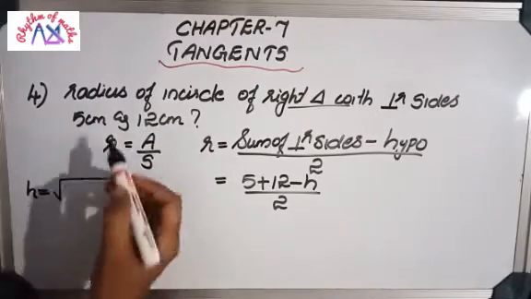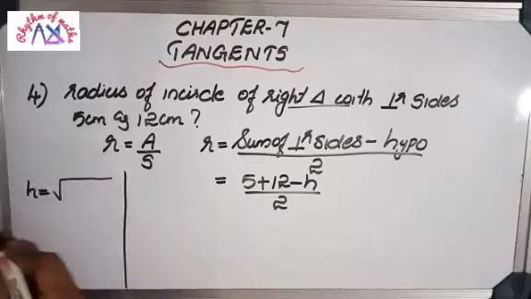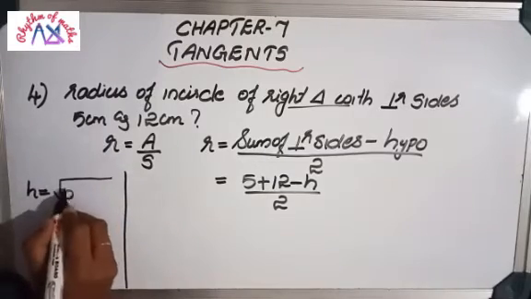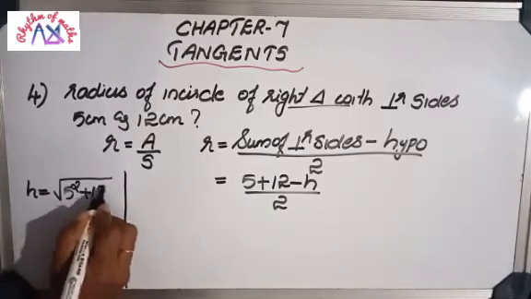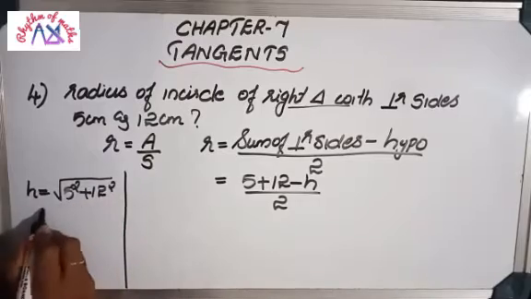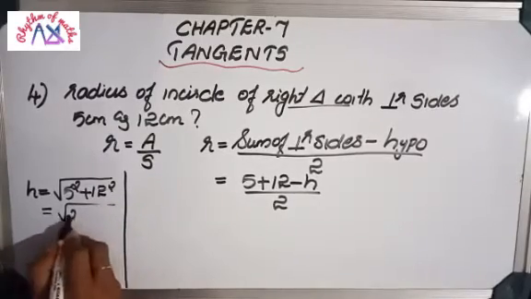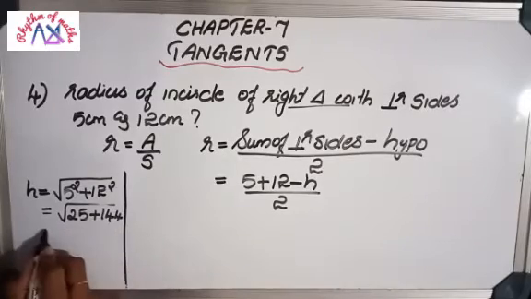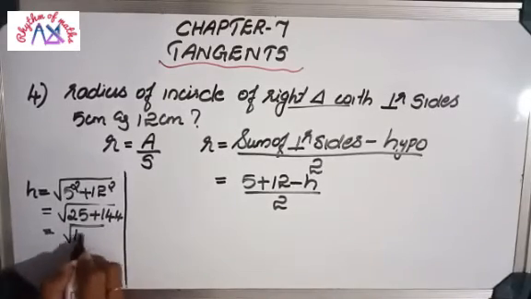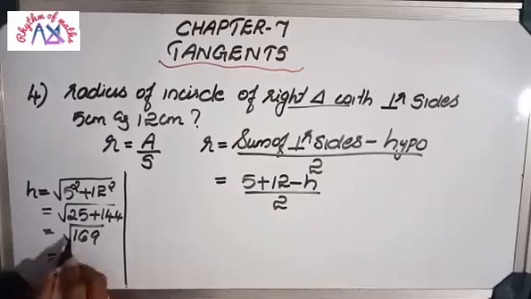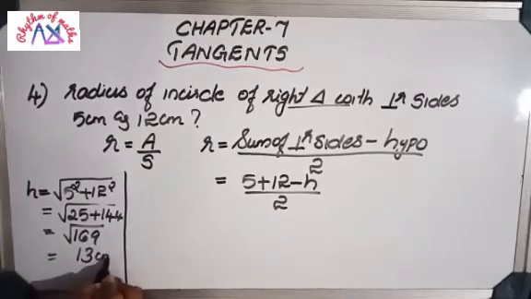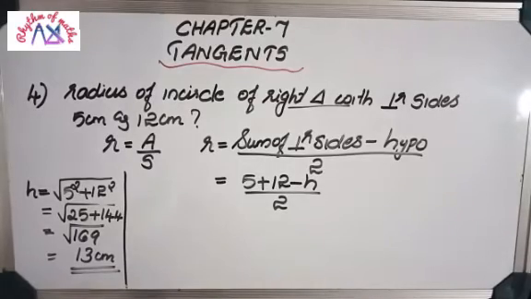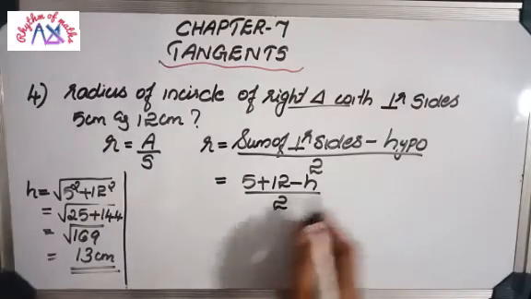So 5 square plus 12 square, that is root of 25 plus 144, that is root of 169. That means root 169 is 13 centimeter. So 13 centimeter is the hypotenuse of this right triangle. So instead of h we can write 13.